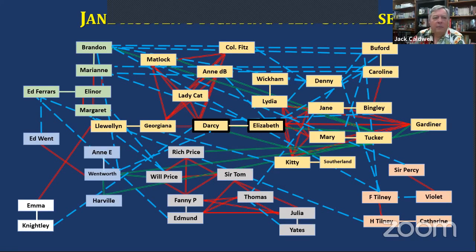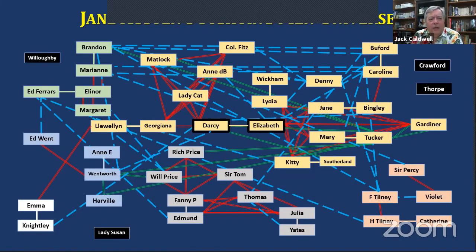And of course, we have some cameos, usually of people like John Willoughby or John Thorpe, Henry Crawford, or her evilness herself, Lady Susan. So they pop in and out of the novels, and it's a lot of fun. And as Maria just said about having a story Bible, this is my story Bible.